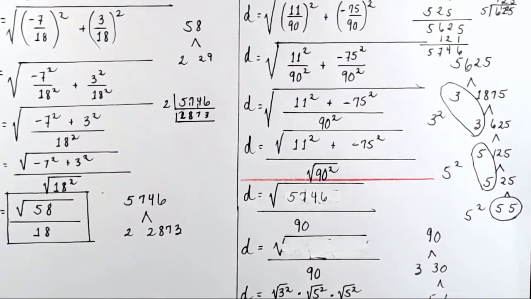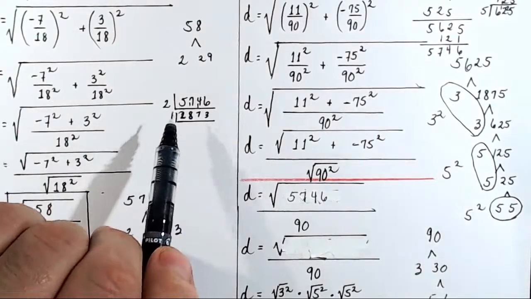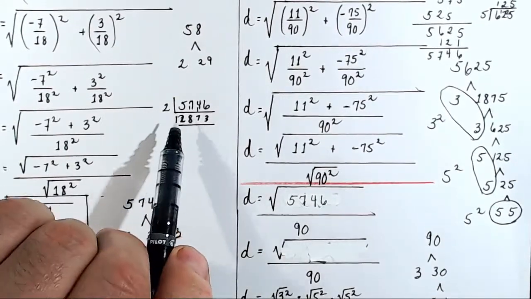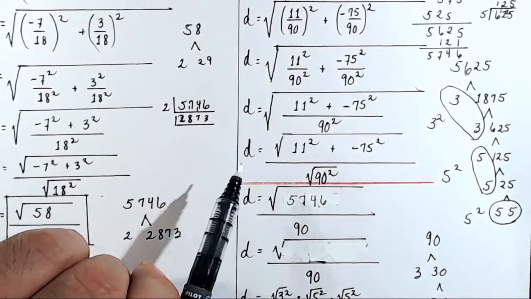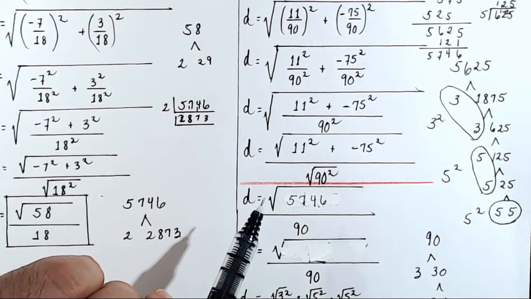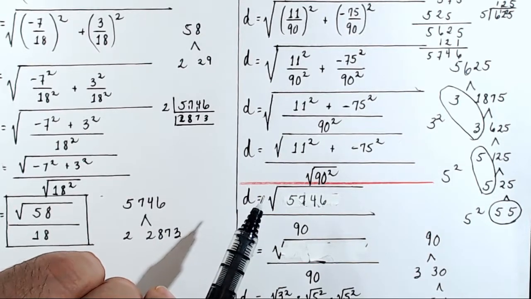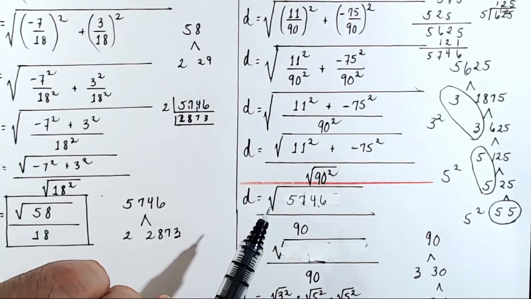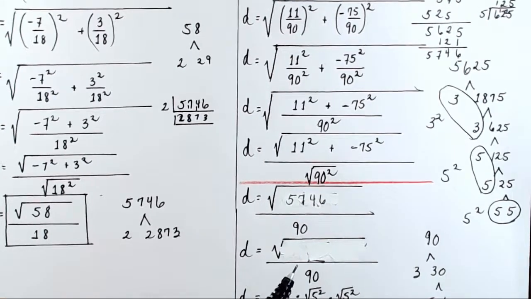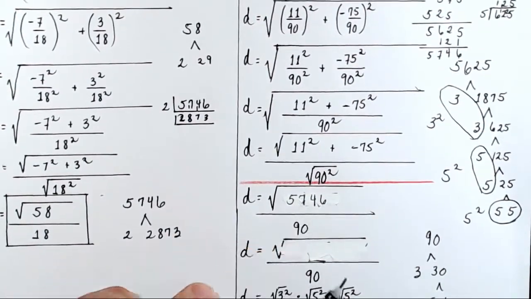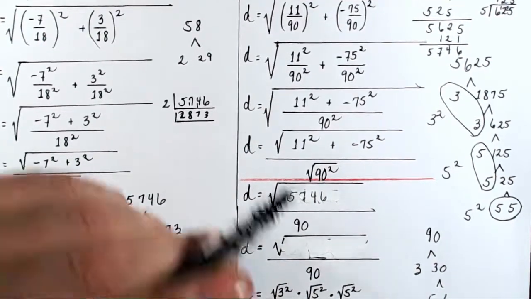Wonder if 13 is a factor. Let's make sure I did that right. That's 5746 divided by 2. Yeah, 2873. I guess we have to try 13.